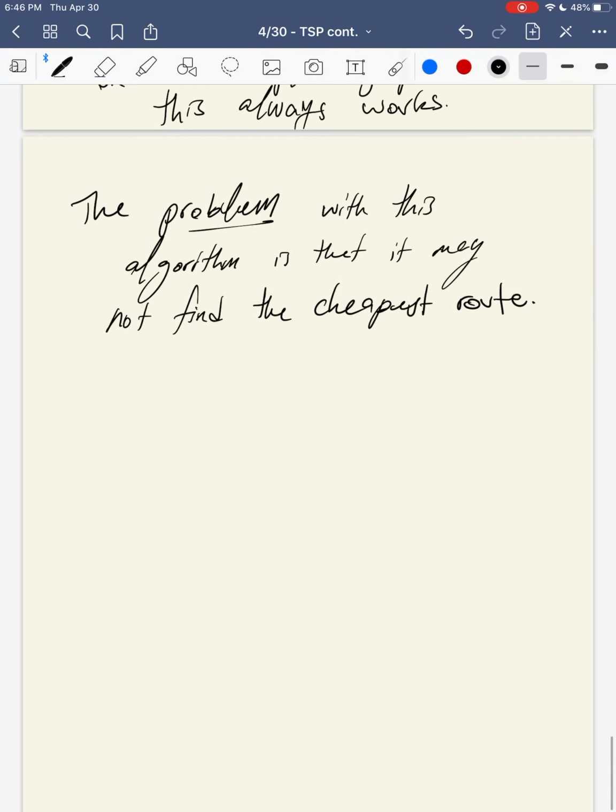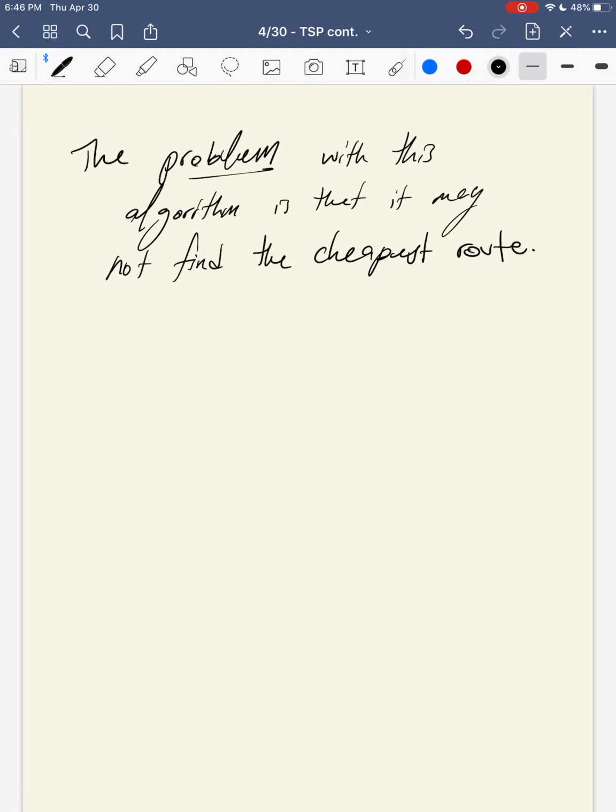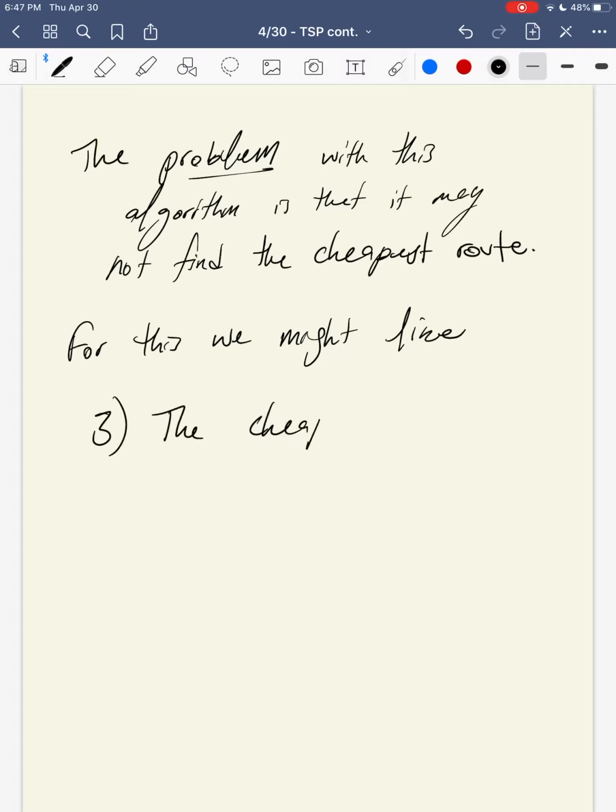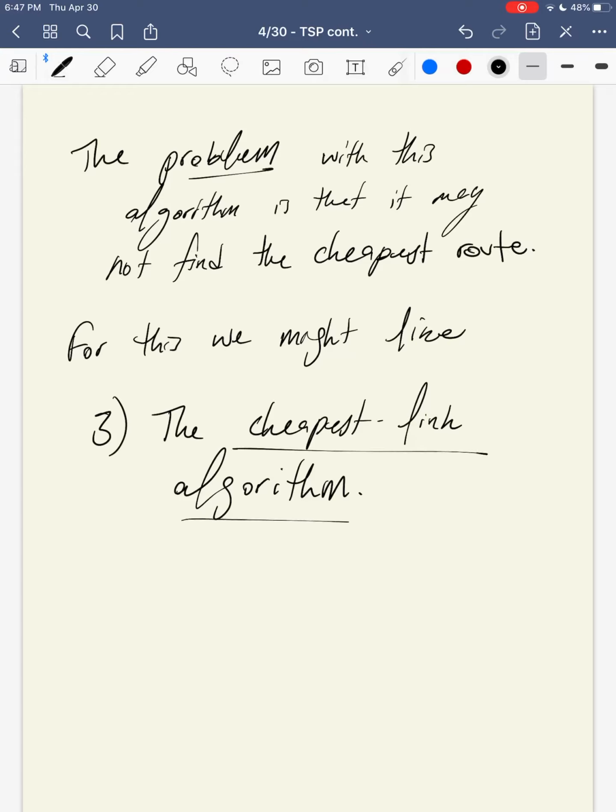The third one is going to be maybe a little better. For this, we might like the cheapest link algorithm. So the cheapest link algorithm is like the nearest neighbor, but you're looking for the cheapest link.